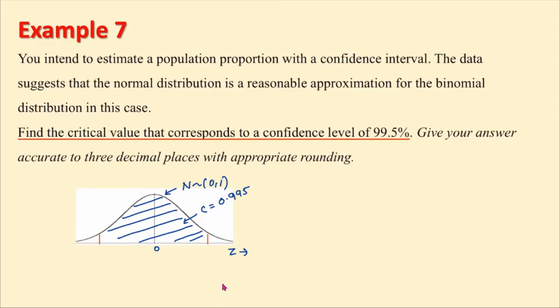99.5% area. Now the remaining area is divided in 2 tails. So if this is the confidence level, the remaining is called the significance level, which is divided on 2 tails. So this value is alpha over 2. Similarly, this value is also alpha over 2. Now we need to find this value.